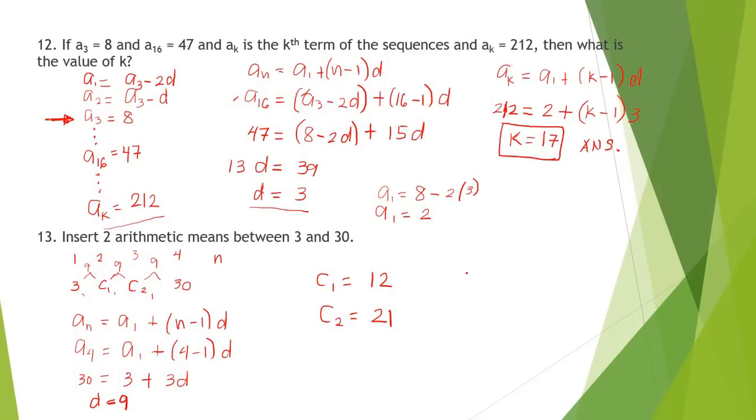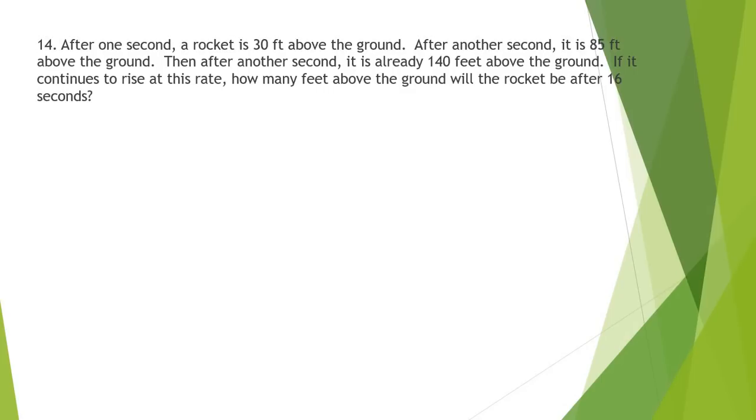So, to complete our arithmetic progression, we have 3, 12, 21, and 30. And notice that the common difference is 9. 3 plus 9 equals 12. 12 plus 9, 21. 21 plus 9 equals 30. So this is our answer: 12 and 21.